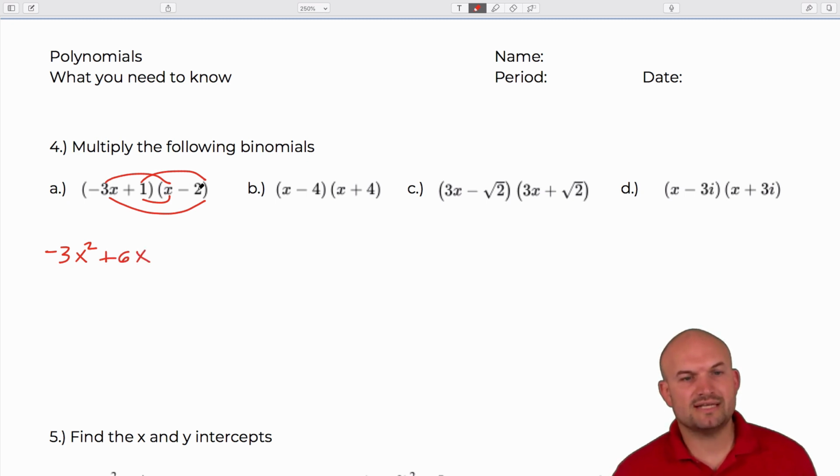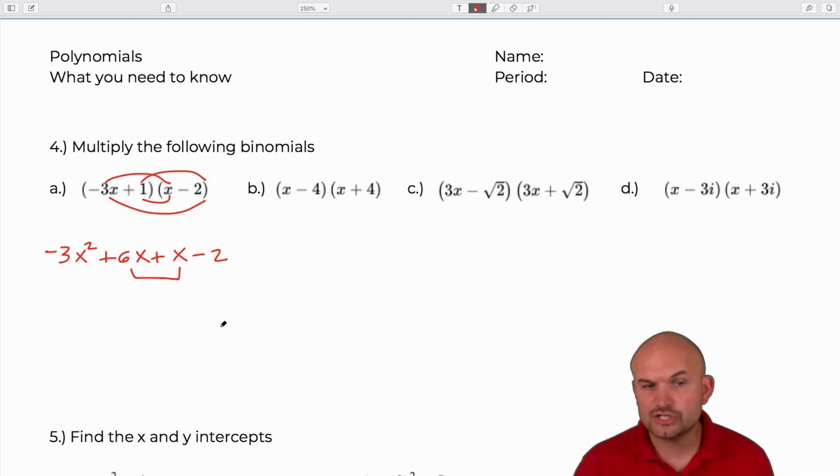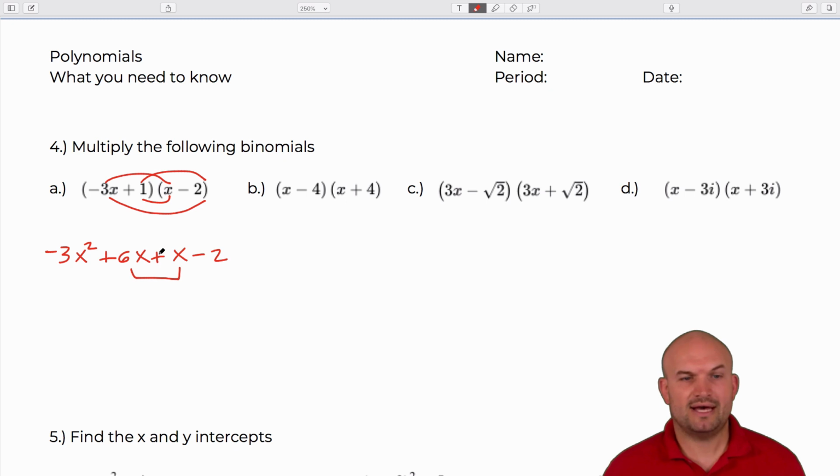Then we could do 1 times x, which is a positive x, and then 1 times negative 2, which is a negative 2. Now we notice here, by multiplying it this way, we have our like terms in the middle, so we can just go ahead and combine those. Therefore we get negative 3x squared plus 7x minus 2, okay?